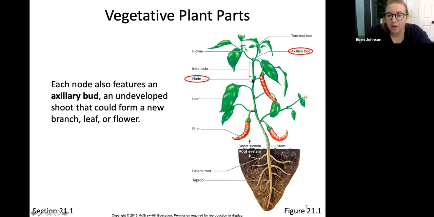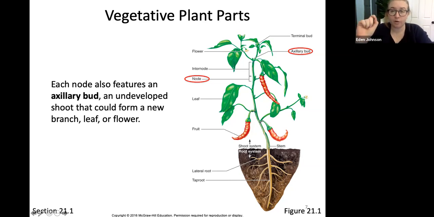So you have a leaf here, that's your node, and then you have a space of stem between this leaf and the next leaf, that's going to be called your internode, okay? So here's a node, internode, node, internode, node, internode, node, internode.